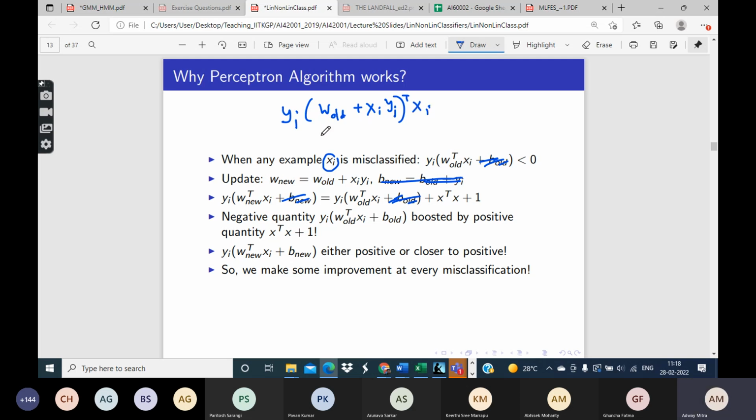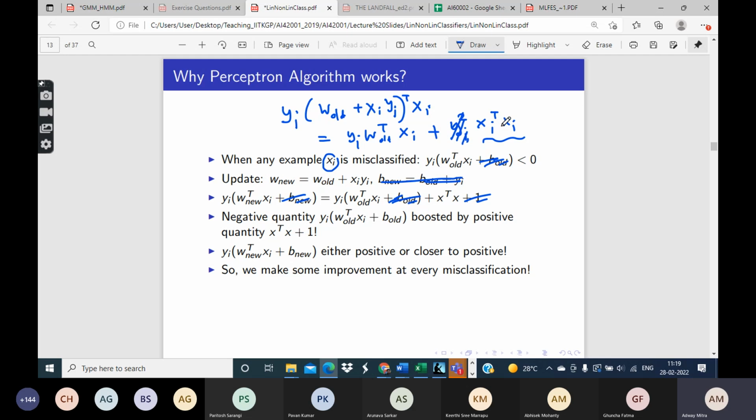So we get Yi W old transpose Xi plus Yi square Xi transpose Xi. Yi is either +1 or -1, so Yi square is 1 anyway and this just goes away. So you are left with Yi W old transpose Xi plus Xi transpose Xi.